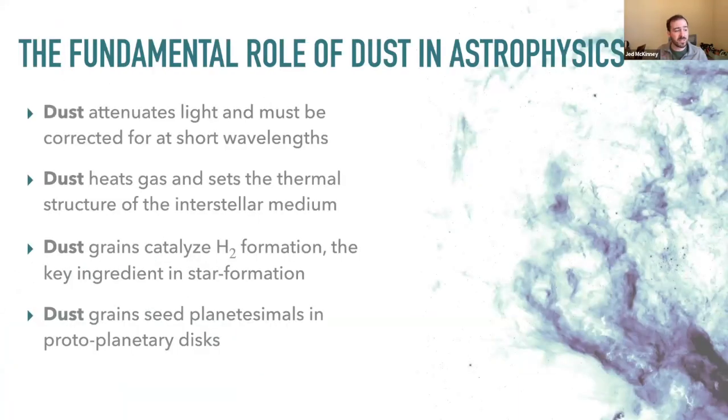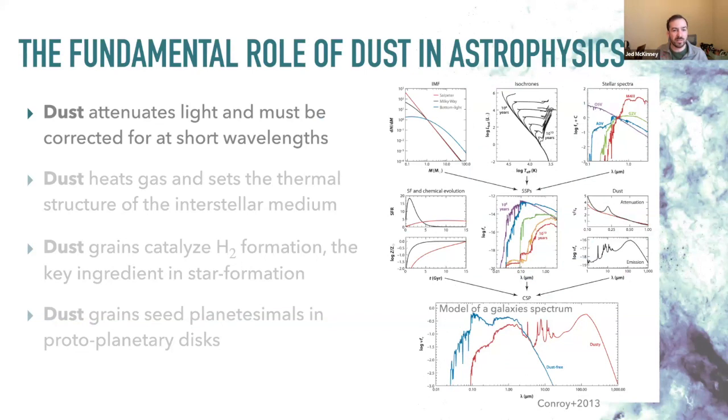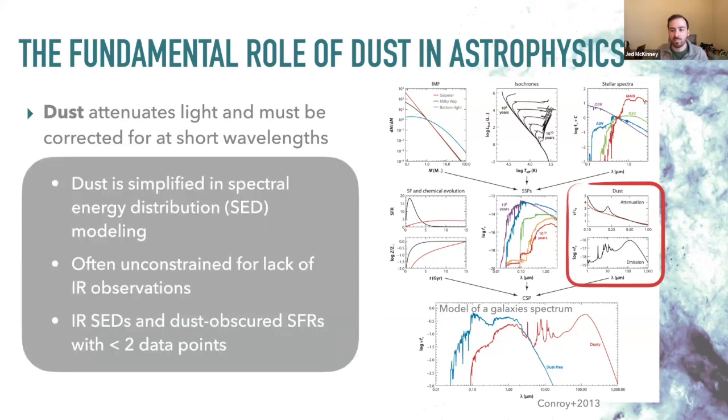And this is really important because dust is playing a fundamental role in many areas of astrophysics. We know that dust attenuates light and needs to be corrected for at short wavelengths. This is an essential property of modeling galaxy spectra, right? So this figure on the right is from Charlie Conroy's 2013 review paper, and everything in the top 2 rows is all the ingredients that we feed into galaxy models, and dust is an absolutely important component of those models.